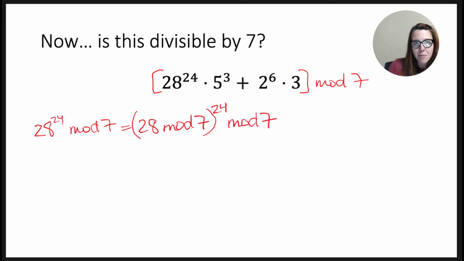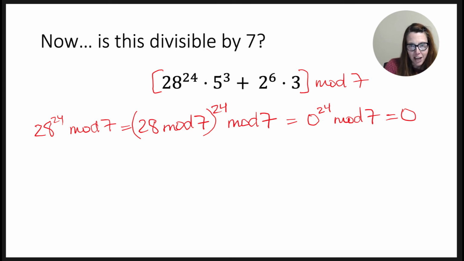And that might look like a lot to figure out, but I know that 28 is a multiple of 7. And so this piece in the middle, this is 0 to the 24th mod 7. But that's just equal to 0. And so we can see pretty quickly that this left hand portion of that calculation is going to go away because the very first thing we're going to get is 0 times 5 cubed mod 7. And so I don't even have to deal with this left-hand side.